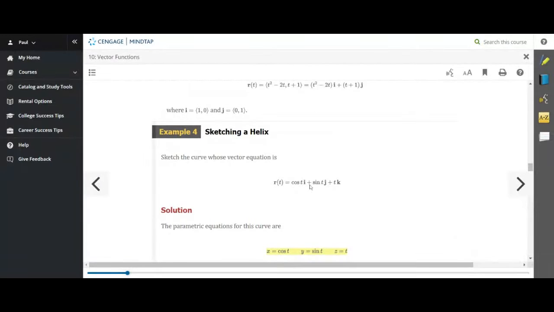Helix. Example 4, sketch a helix. You all know what a slinky is like, right? A slinky. And you know your DNA is in the shape of a helix, right? So a helix is a very important idea. How, though, would we describe a helix?